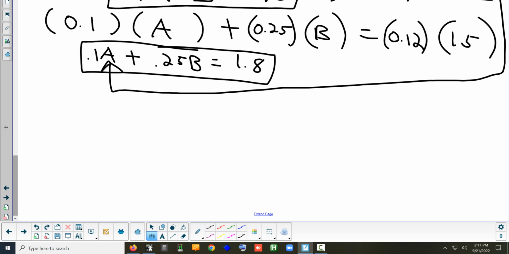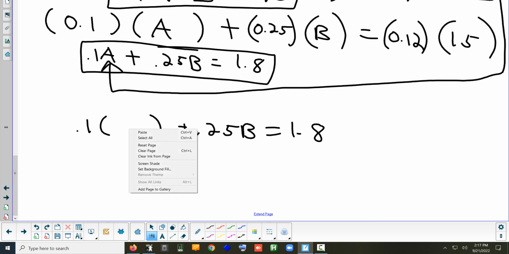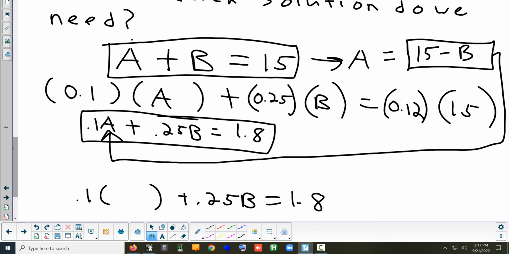So everything else is going to stay the same. 0.1, leave a little bit of space. 0.25b equals 1.8. But we're not going to write a. We're going to write 15 minus b.